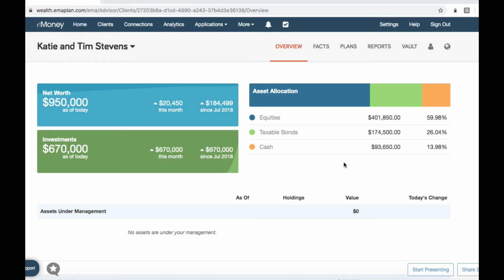But what I'm showing you here is a program that I use with my coaching and my subscription plan. It's called eMoney. eMoney is an account aggregator. It does the same thing. It brings in all the balances from various locations. The cool part is that if you're dealing with, let's say, Merrill Lynch, they don't know that you've just connected to an aggregator.